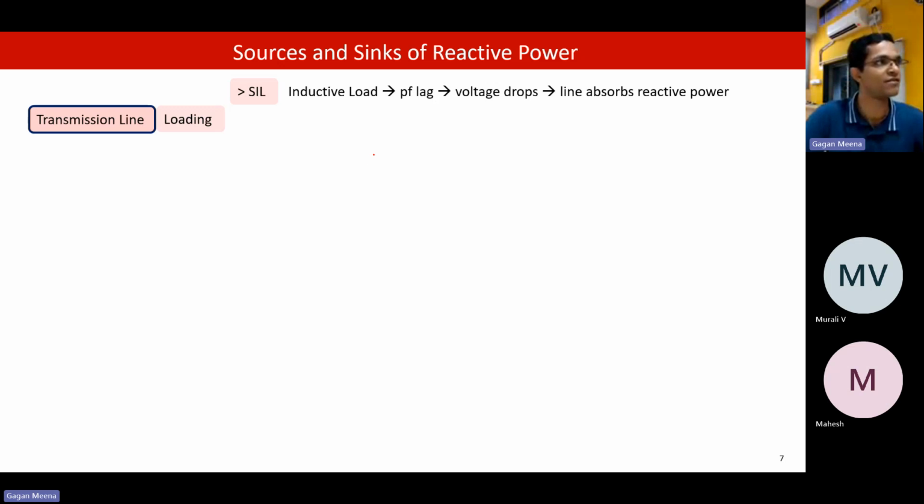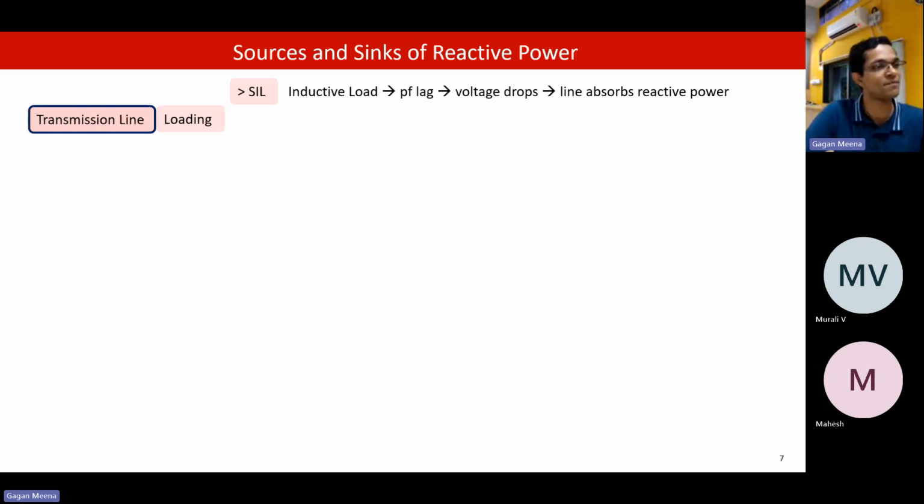if it is an inductive load, most of the loads are inductive in nature, industrial loads mostly. Even in commercial and residential loads also, because we have motors, pumps, water pumps at home and different equipment which we use, all of them have motors.